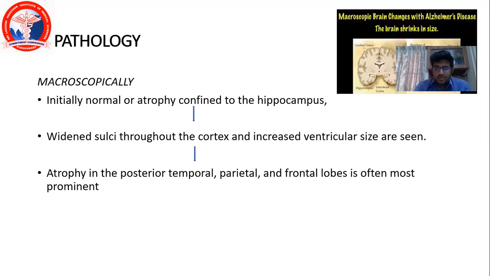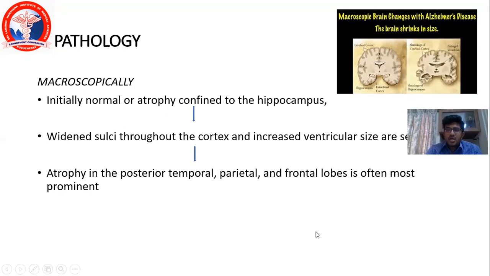Coming on to the pathology. Alzheimer's disease leads to shrinkage of the brain size. In the earlier stages of the disease, it might appear normal, or there might be atrophy confined only to the hippocampus. As the cerebral cortex shrinks, there is an increase in ventricular size.